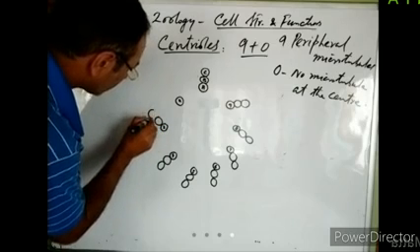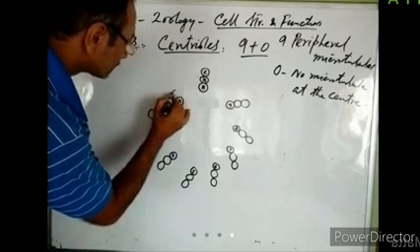So each peripheral microtubule is a triplet.